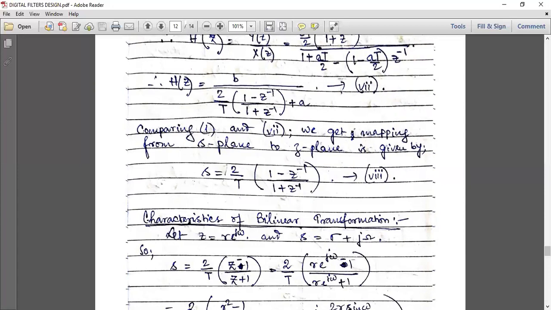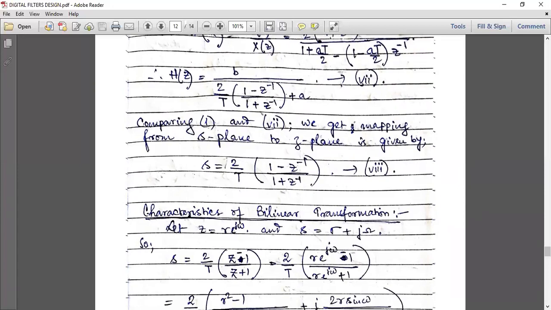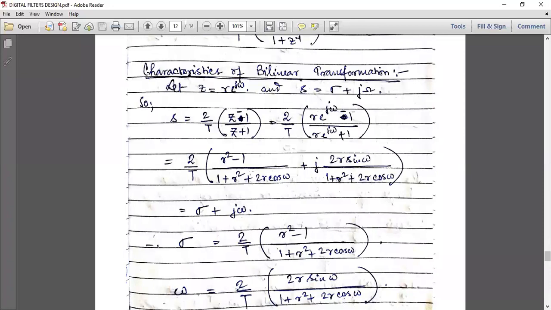You see 2 by T into (r e^(j omega) minus 1) by (r e^(j omega) plus 1). It's very easy basically, which is equal to 2 by T into [(r square minus 1) by (1 plus r square plus 2r cos omega) plus j into 2r sin omega by (1 plus r square plus 2r cos omega)]. I have simplified into the real and imaginary part.